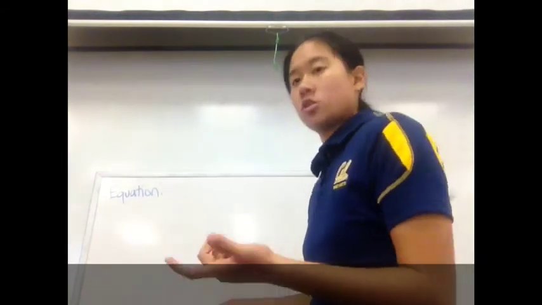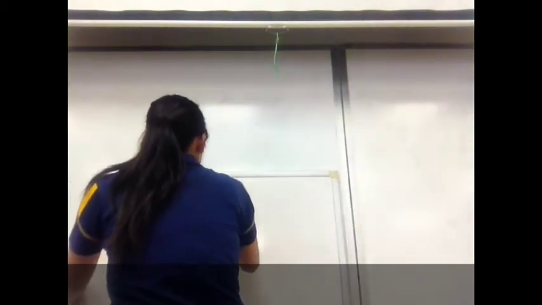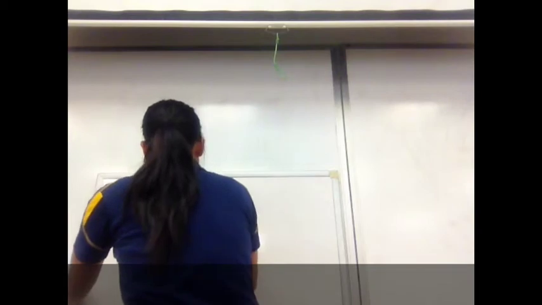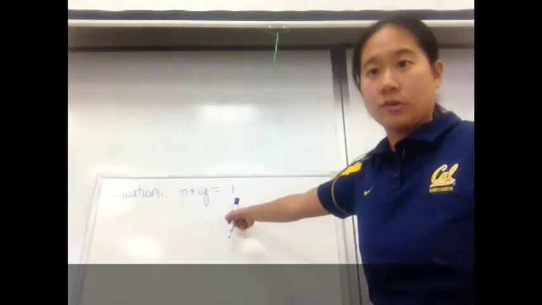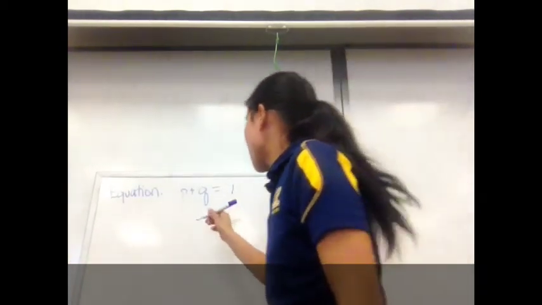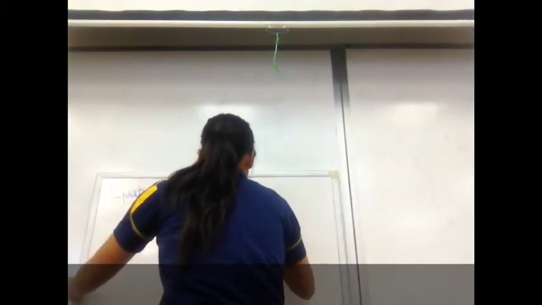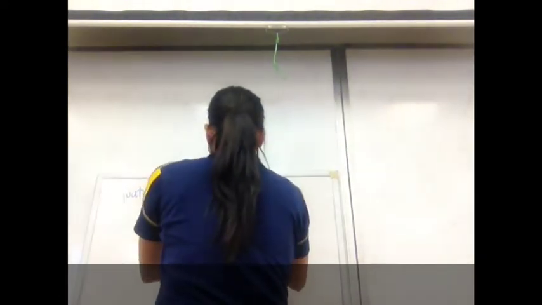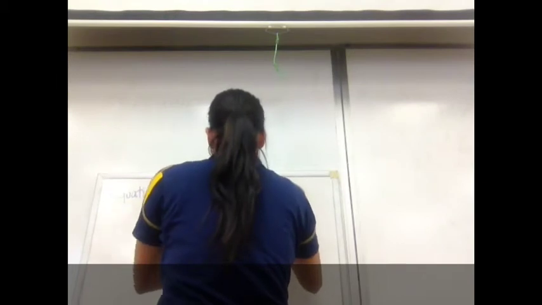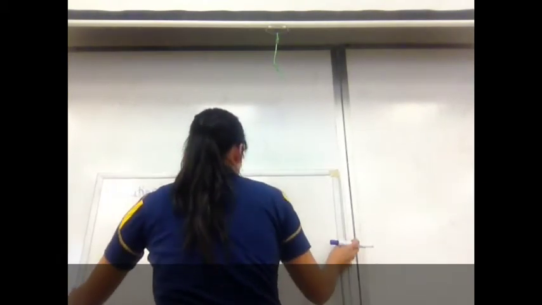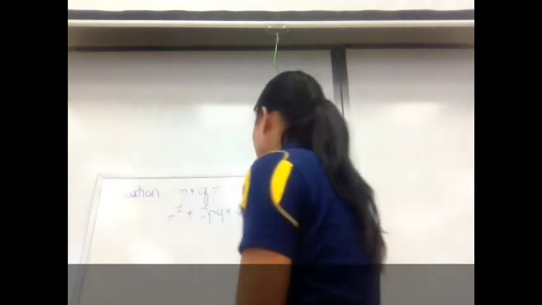So what is the equation for Hardy-Weinberg? It's p plus q equals 1, where p and q represent allele frequencies for a trait. And you have p squared plus 2pq plus q squared equals 1.